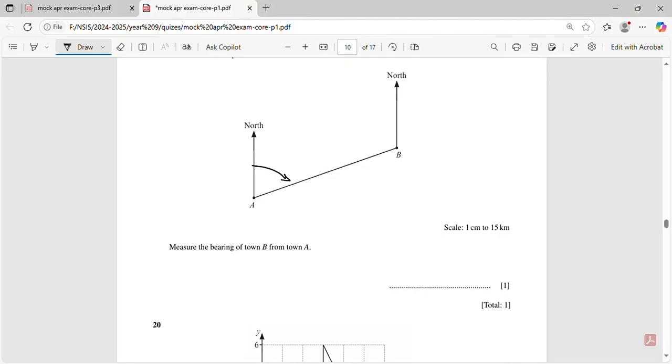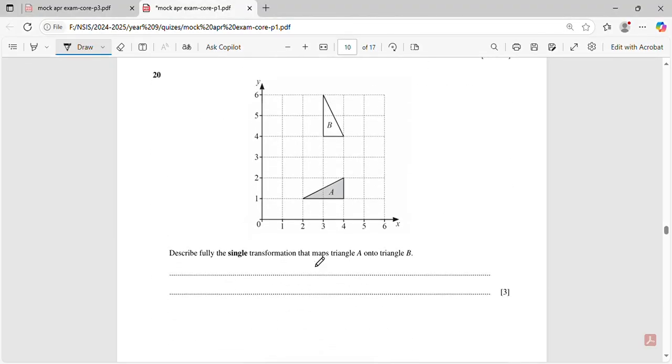Which came after "from"? I have to measure. As long as this is B, I go from the north of B clockwise till the line matching the 2 points. So I need all this angle. As my protractor is too small, only from 0 to 180, I will measure the small angle and after that subtract it from 360.